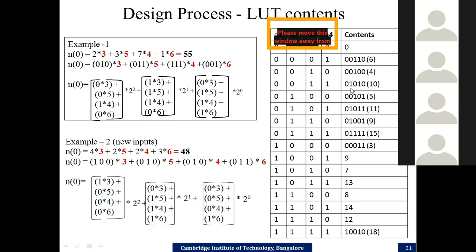It is going to be 6. So I put 6 in the second location. Now, if the input is 0010, it is 0 into 3, 0 into 5 plus 1 into 4 and 0 into 6. So the output is now going to be 4.